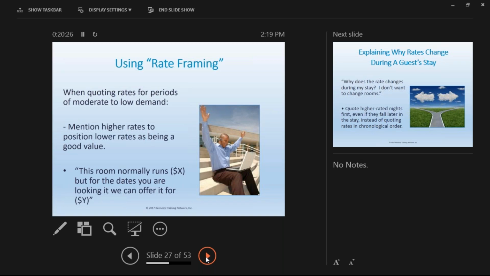And this is a good thing to do when someone says, well, why are the rates so high? Actually, this rate is a pretty good rate. This room could go for as much as 400 a night, but for your dates, it's available for only 300, okay? And by the way, if you ever shop at Amazon, they are the masters of slash, okay? Especially if you're Amazon Prime, which I am. Anything that you buy has that slash, okay?